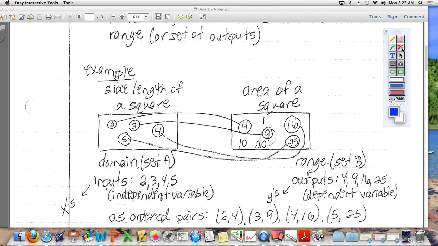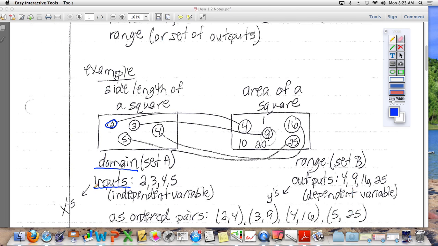Say you have side length 2, and so these things right here would be what we call our domain or our set of inputs, and we are going to assign them to an output or a range. So for example, you have a side length of a square that's 2. What is going to be the area of that square then? You guys, if the side length of a square is 2, what's the area of the square?